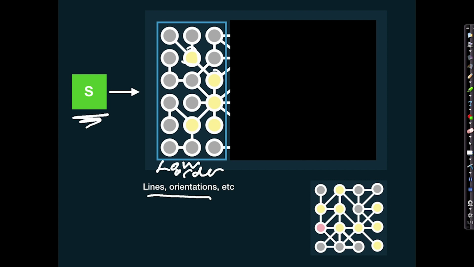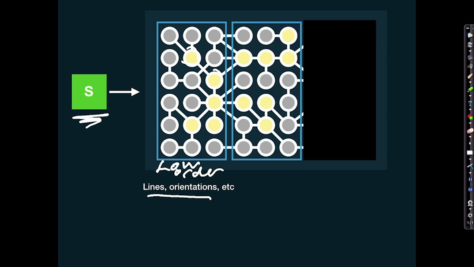Then what happens is that particular pattern of activation of this lower order part of the visual cortex triggers or selects a particular state in the medium order cortex. So here we can see another state. This is medium order, I guess you could call it.